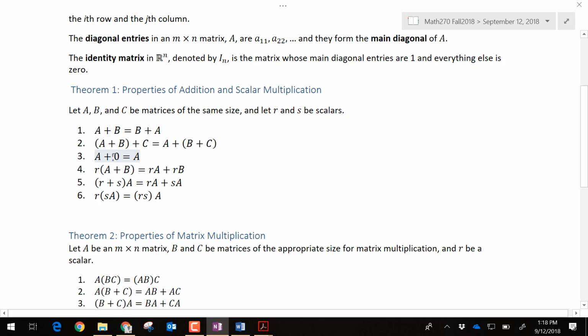Sometimes I denote the 0 matrix with square brackets around it to say it's not just the number 0, not just a scalar 0, it's actually a 0 matrix. Distributive, if you distribute a scalar, and then there's also the reverse distribution where a matrix gets distributed through the scalars, and then there's also some associativity between two scalars on the outside.